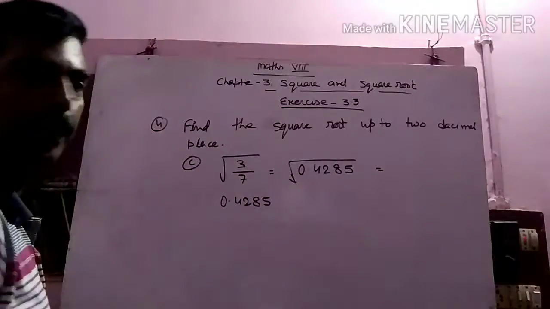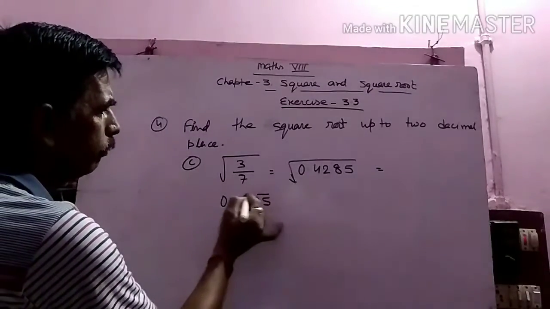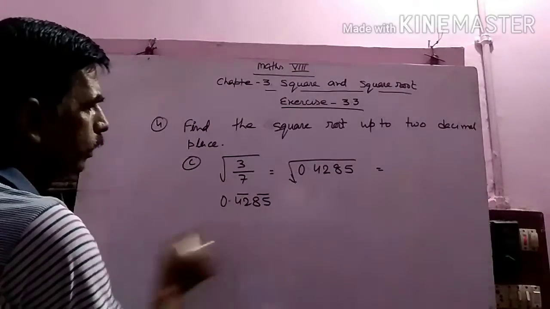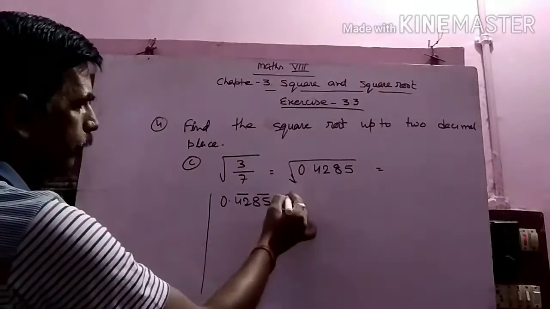0.4285, make groups of 2 digits from the right, you will get 0 here.